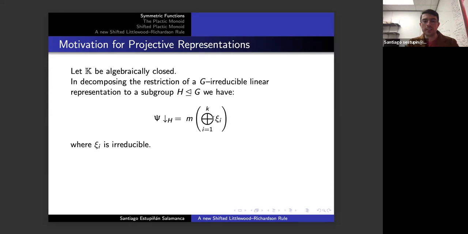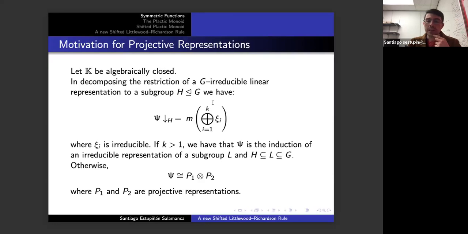The important part is that each appears with the same multiplicity, where all of these C sub i are irreducible representations of G, of H, I mean. So we are switching between G representations and H representations. And then understanding psi is equivalent to understanding each of the C sub i's.